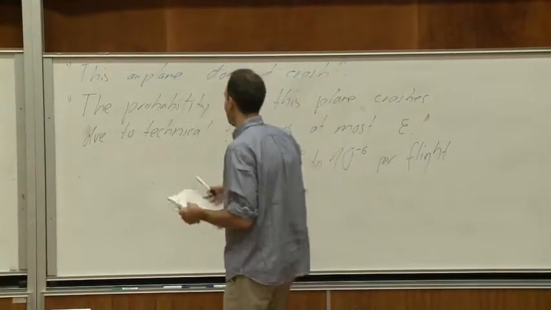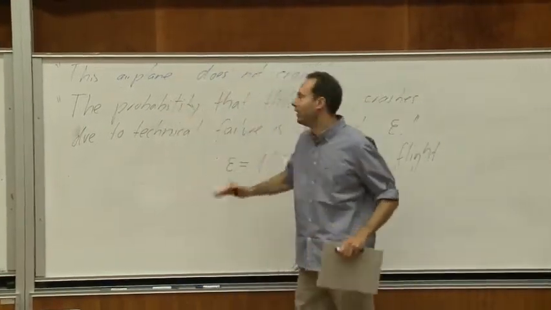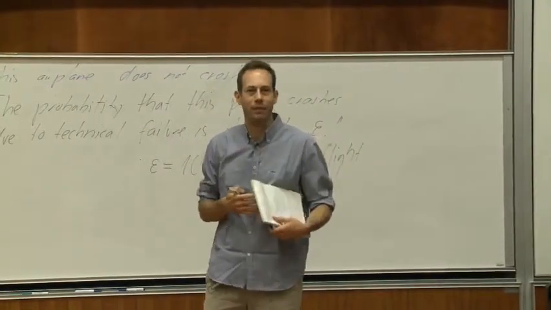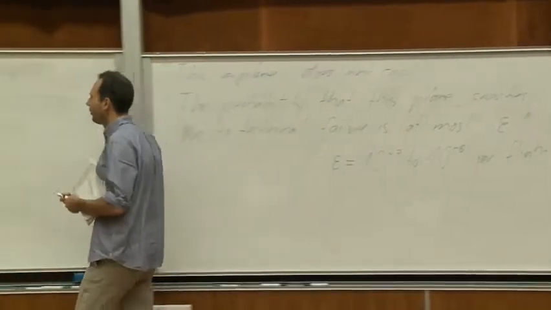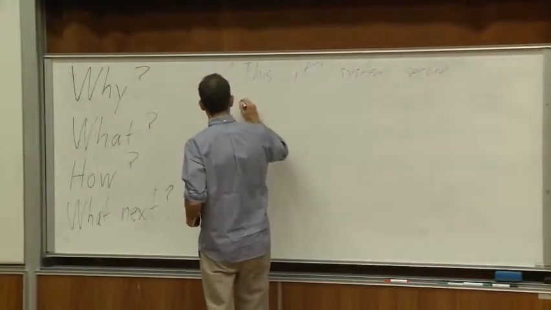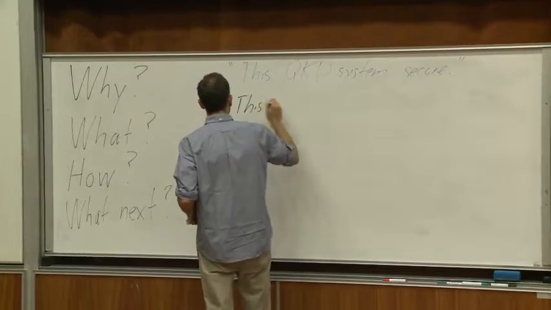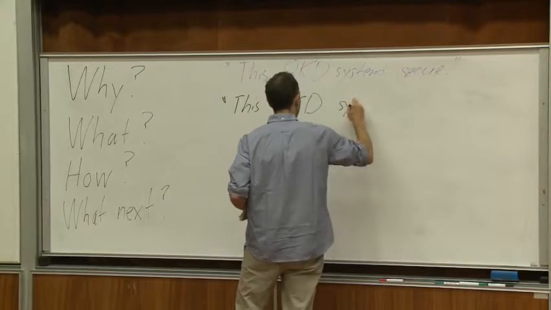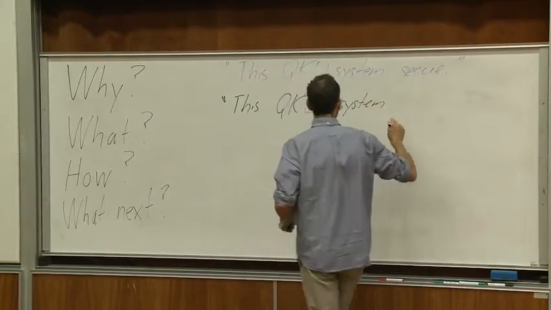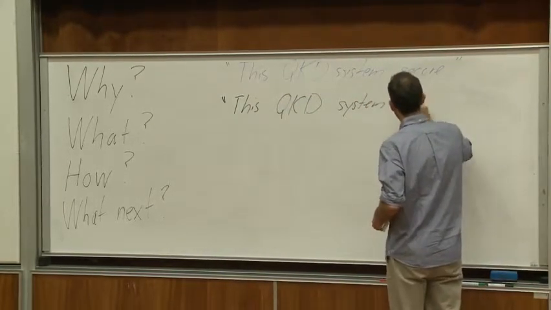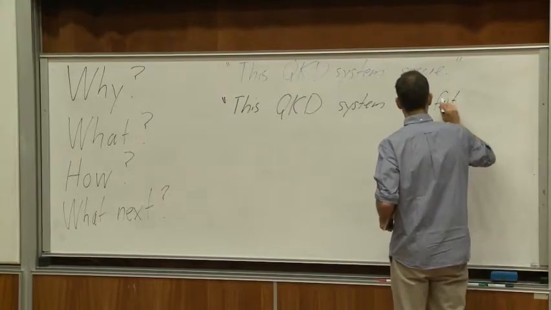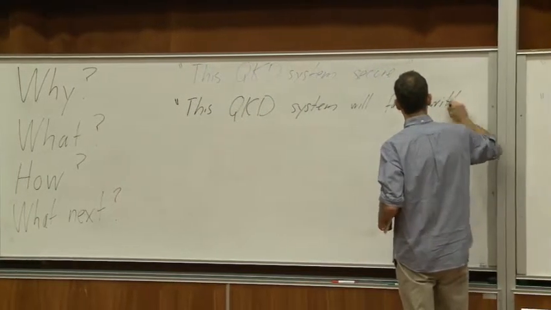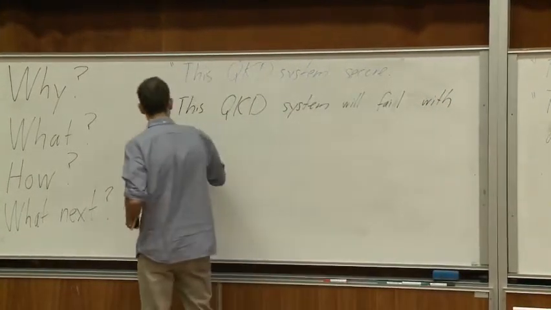And you see probably from comparing this blue statement with the black one that the blue one alone doesn't really make sense in some way. So in other words, what we want to say here is that we want to have a statement of the type, this QKD system will fail, and I will, of course, tell you what fail means, with probability at most epsilon.